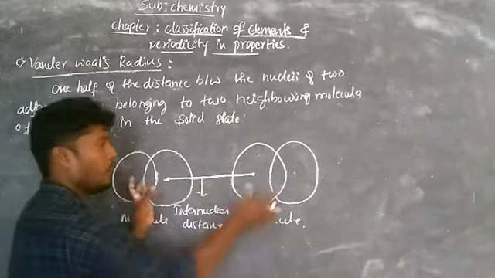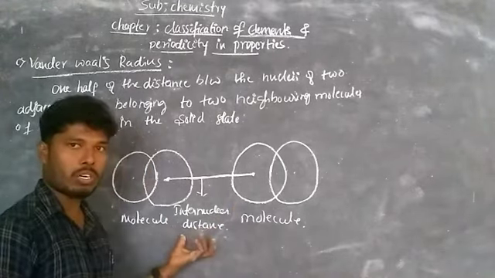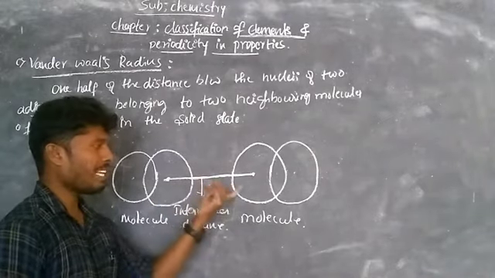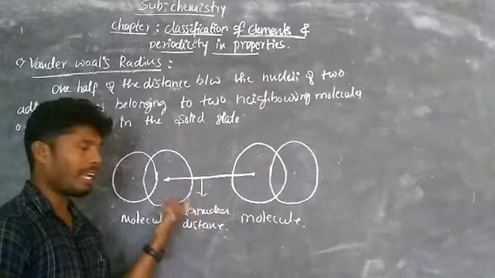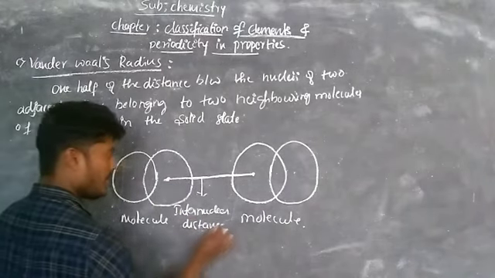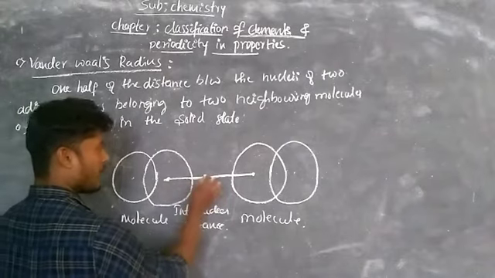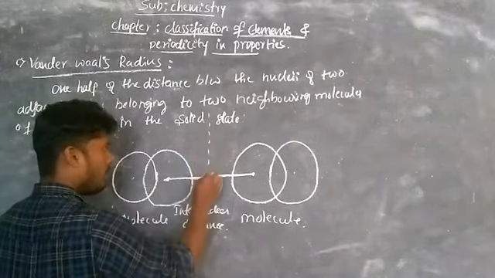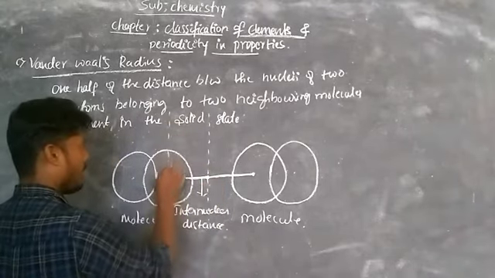The distance between the nuclei is called the internuclear distance. That is the distance between two nuclei of two different atoms or molecules, or the same atoms or molecules, which we call the internuclear distance. Here, this internuclear distance at the center is this one. Now draw a line like that, and here.